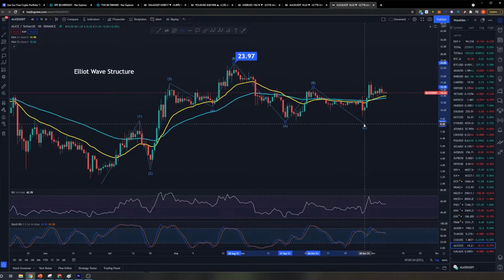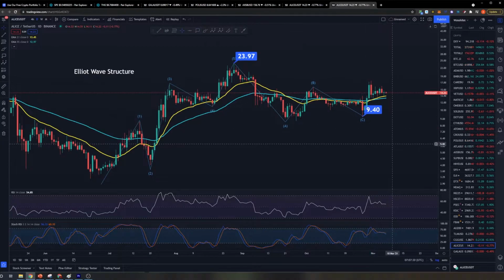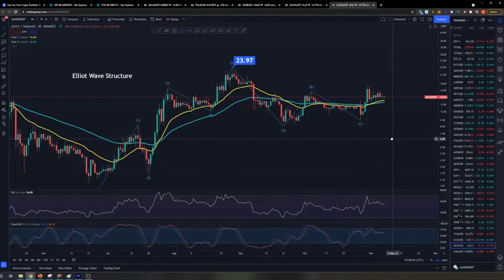But in Alice's case, it appears to really have stopped around here at 9.50 or 9.40 and has since broken this trend and gone back to the upside. How do I know that the C wave is over? When the price action has shot past the B high, this whole pattern is now invalidated and we are ready to move on.